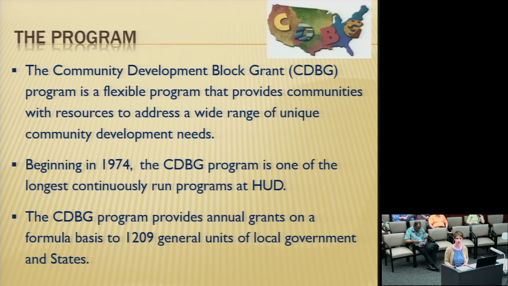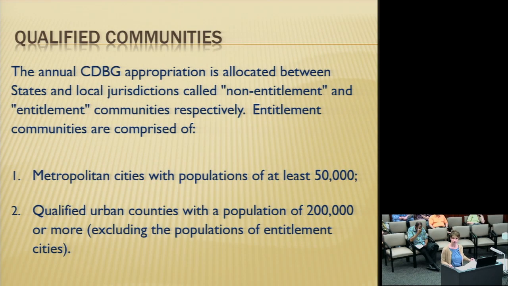The CDBG program is a flexible program that provides communities with resources to address a wide range of community development activities that are directed toward revitalizing neighborhoods, economic development, and providing important community facilities and services. The CDBG program provides annual grants on a formula basis to 1,209 general units of local governments and states.